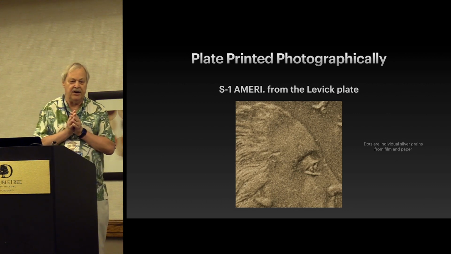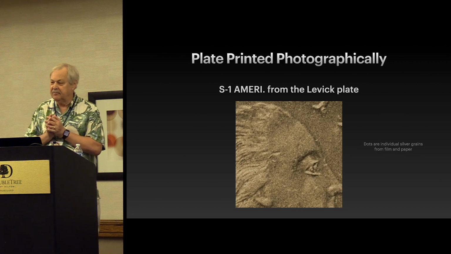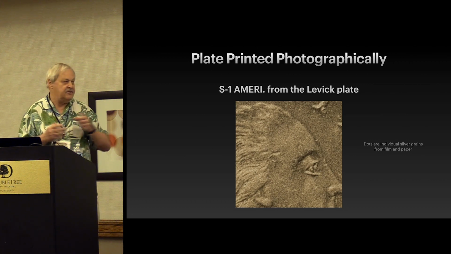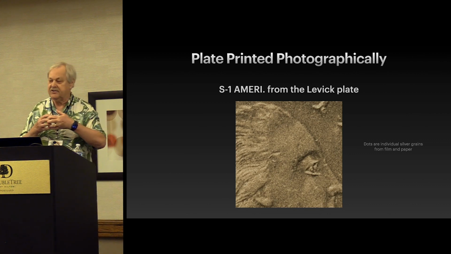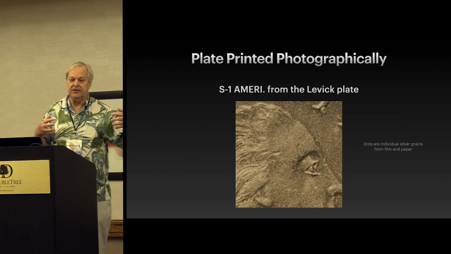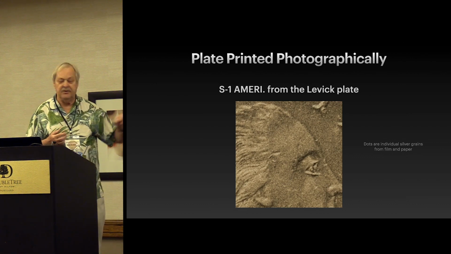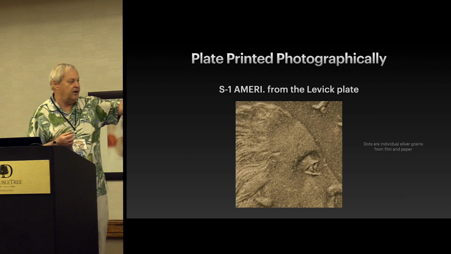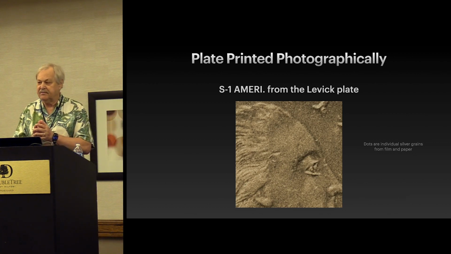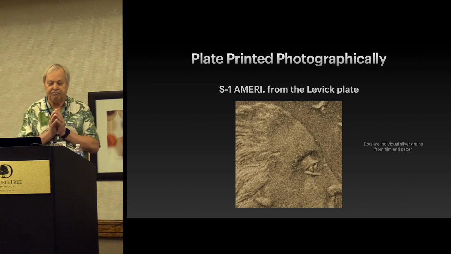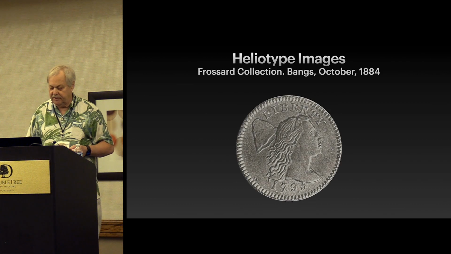And what those dots are is individual silver grains from the photograph. You see they're randomly distributed, and where there are more of them close together, it's darker. Where there are few of them and they're farther apart, it's lighter. So that's how the tonality is made. If you go out far enough like that, you start to lose definition because you're just enlarging grain. And that's important. We'll talk about that as we go along.